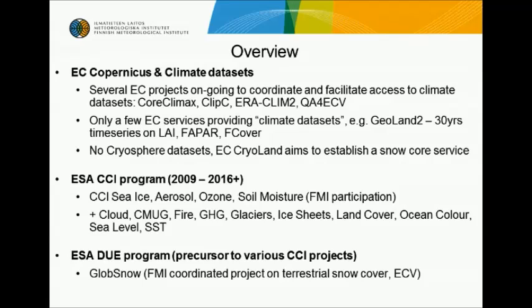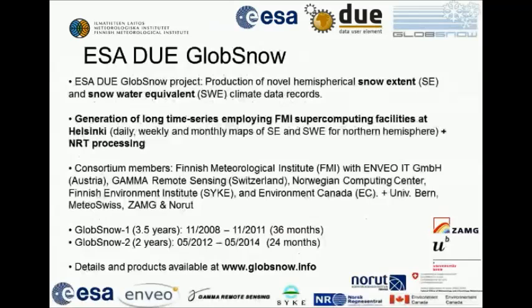The common denominator for all of these datasets is that they are based on satellite data. I'll go into a bit more detail on the ESA GlobSnow project, which is coordinated by the FMI, and is focusing on terrestrial snow cover and trying to construct long-term datasets on two different variables.